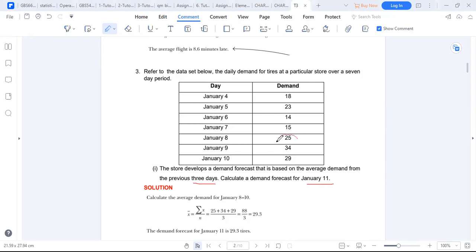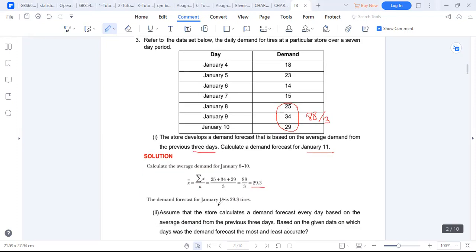So when we add these 3, we get a total of 88. The total of 88 we divide by the 3. The forecast for January 11 will be 29.3. So it's a moving average. 29.3 is our forecast for January 11.